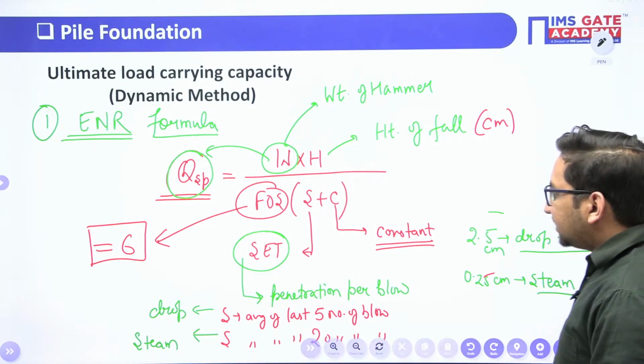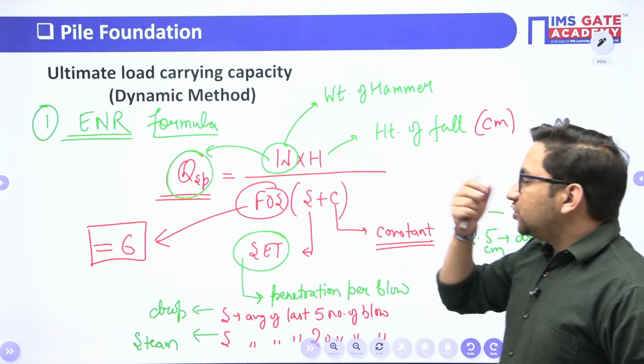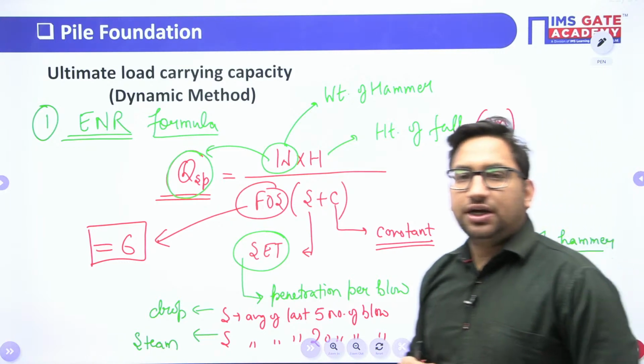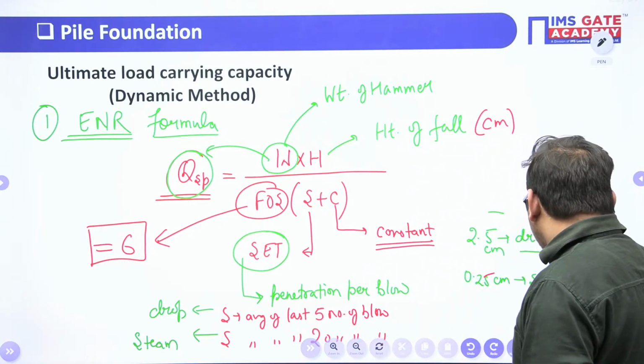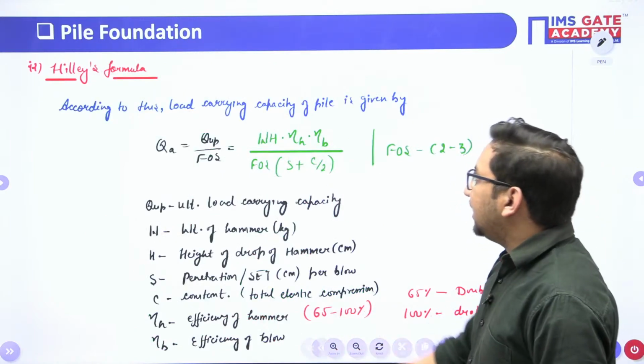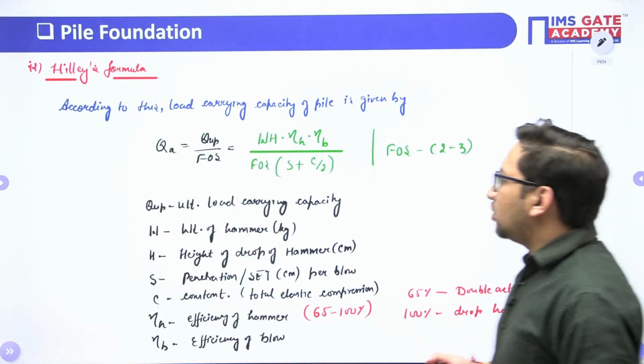In this method, the efficiency of hammer and efficiency of blows is not taken into account. This phenomenon is taken into account by Hiley. We know it as Hiley's formula. It is based on the same concept.